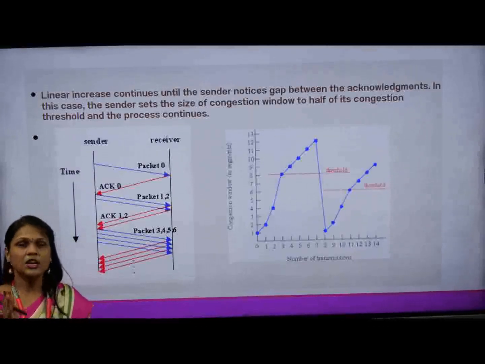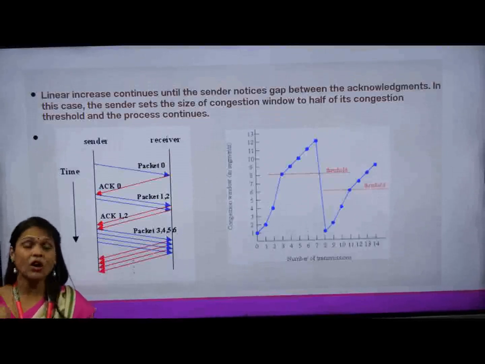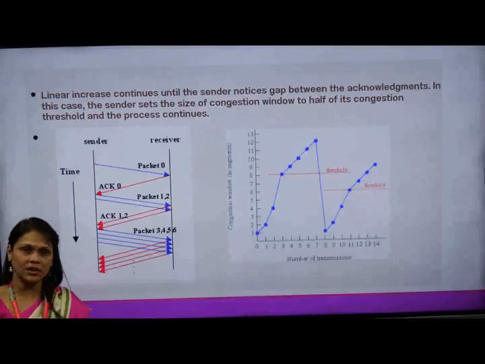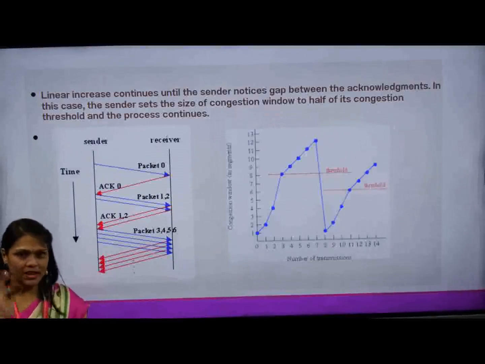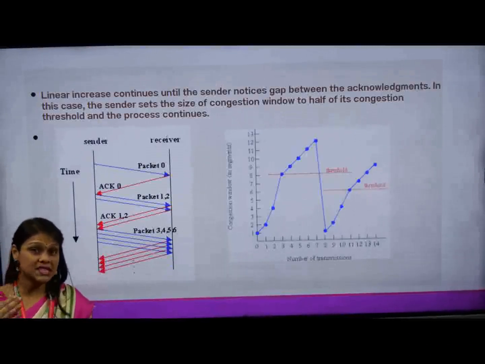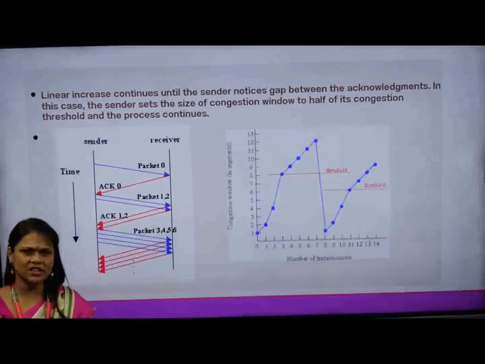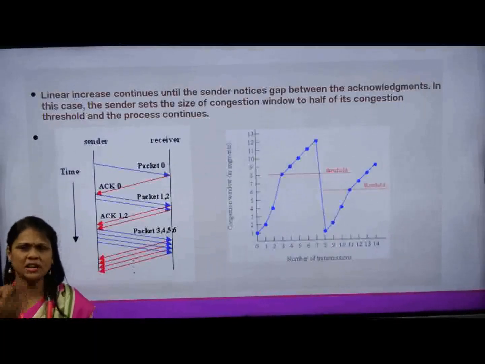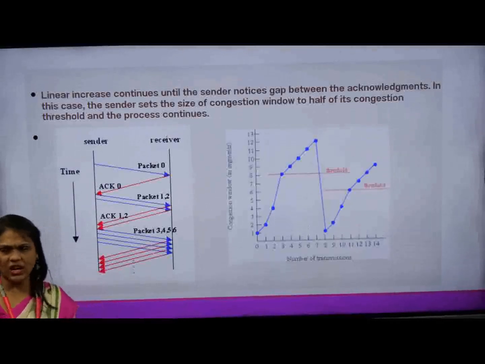At this point, you understand that beyond this limit, the network is unable to carry the data. So we stop sending data with a window size beyond that threshold. To understand that, we are sending, checking, doubling, and sending double the packets.